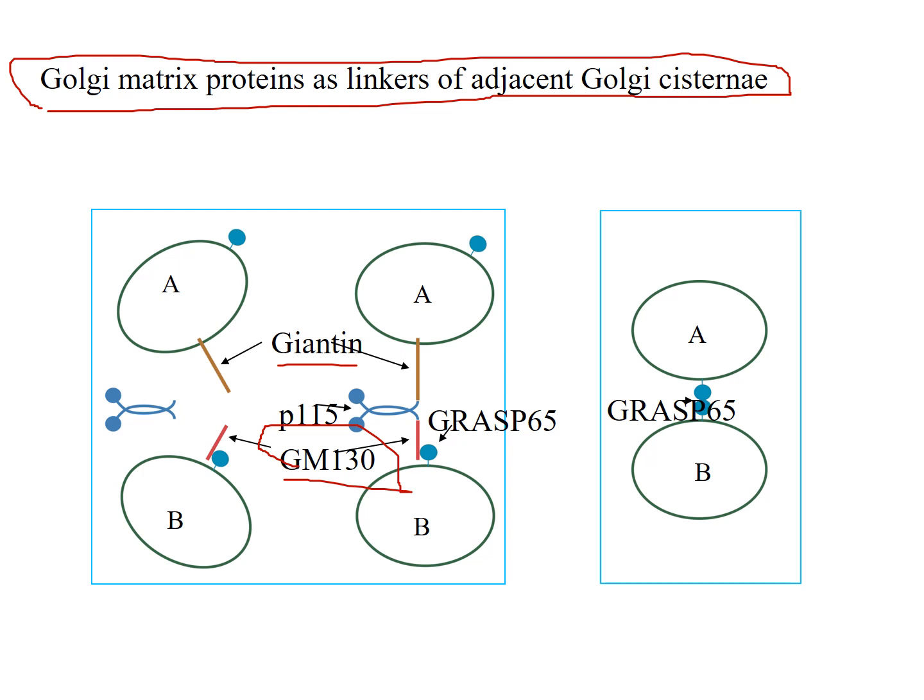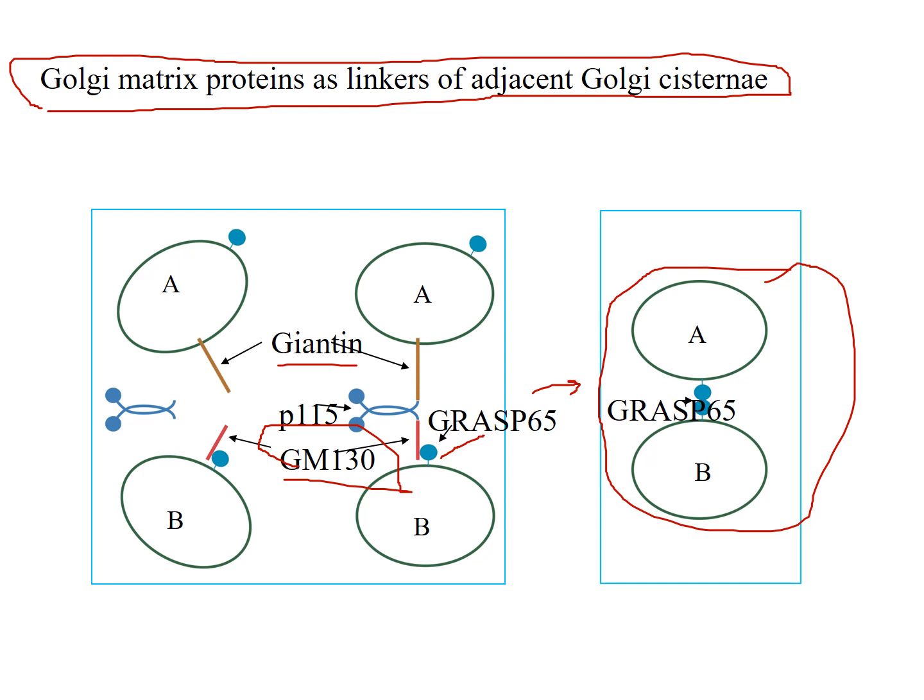And they show that P115 tethers the giantin and the GM130 together in the process, along with GRASP65, so GRASP and P115. And so what happens is the matrix are bound together by the binding of the P115 and the GRASP molecule, and now the two stacks are fused together.